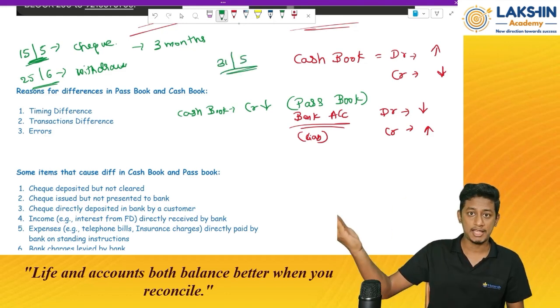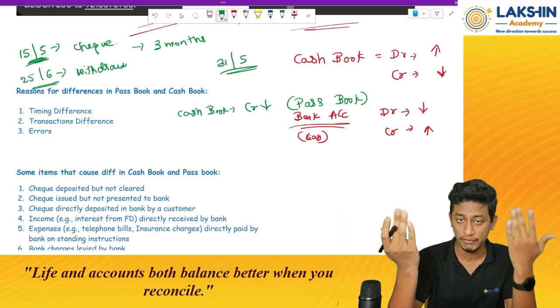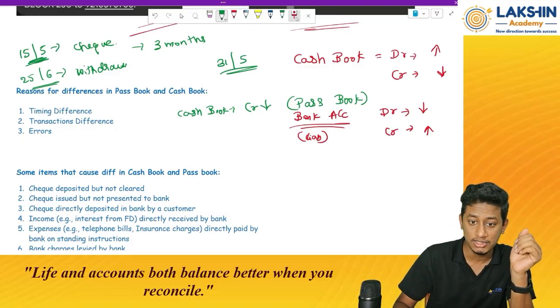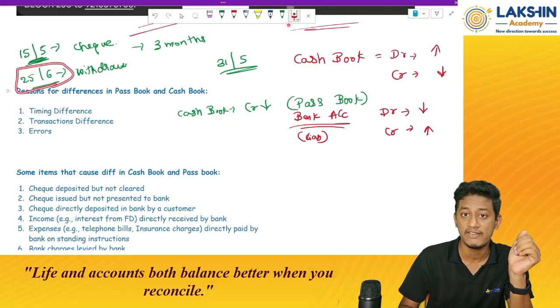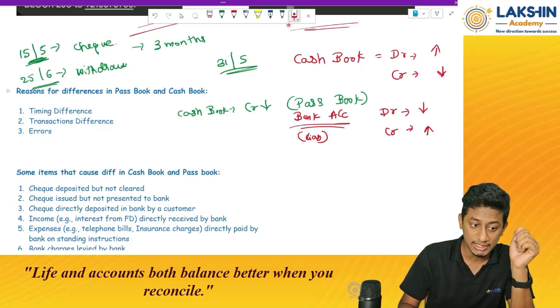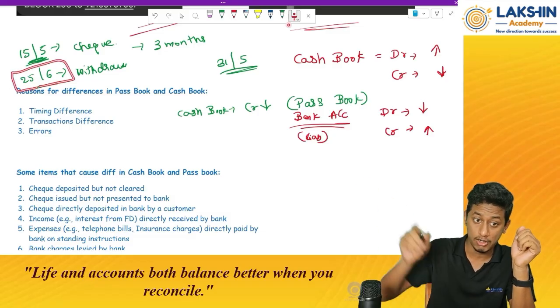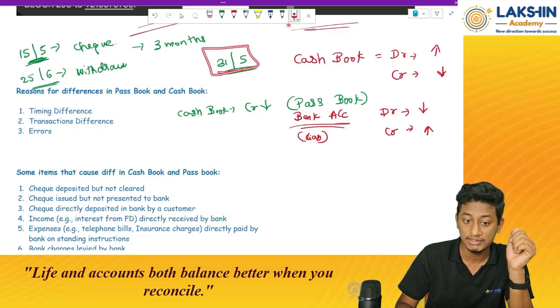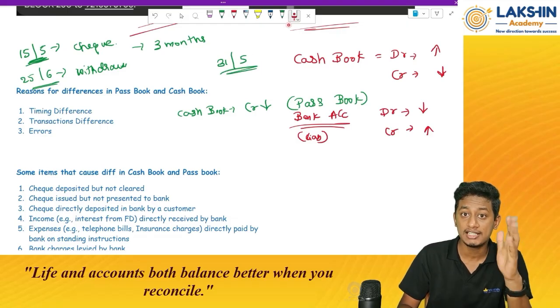to match my passbook with my cash book, will they both tally? No, sir. Why? Because this guy has withdrawn the money on 25/6, which is after 31st of May. So the amount has been debited from the bank account on 25/6, but as of 31st May, the balance has not yet been deducted.